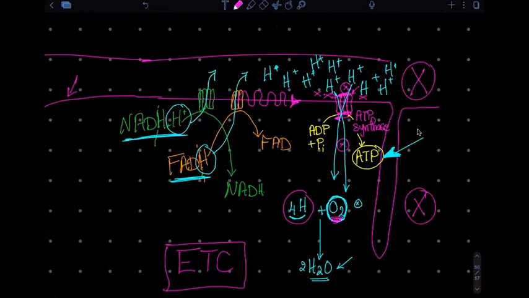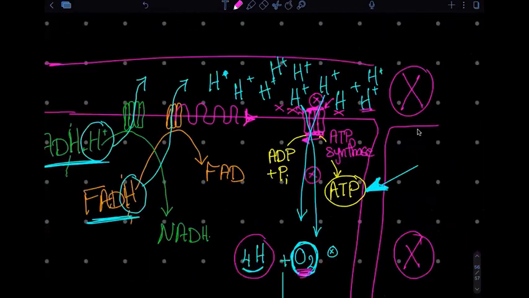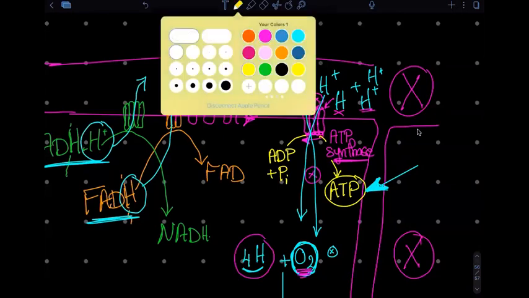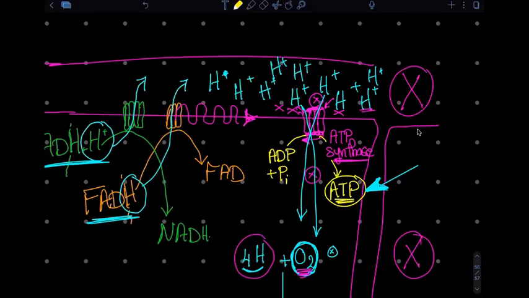If I have equal concentration on both sides of the membrane, this means that those hydrogens will not be traveling to the inside of the inner membrane anymore, so they will not be passing through the ATP synthase, and as a result, the ATP synthase will not be able to produce any more ATPs.